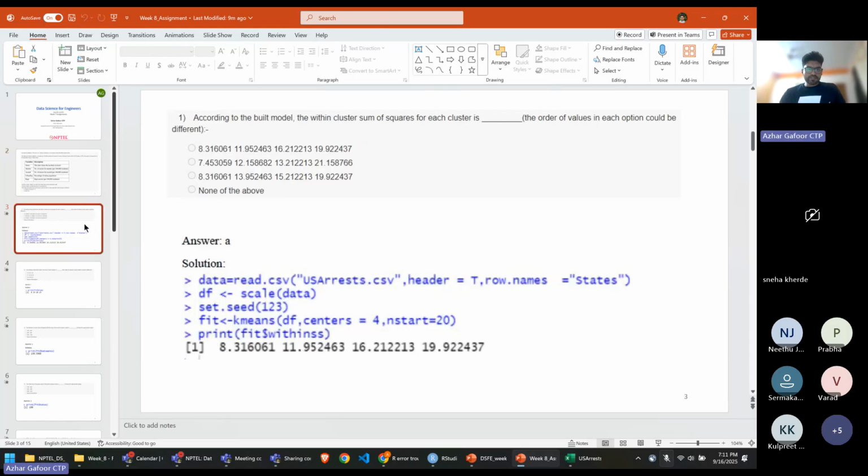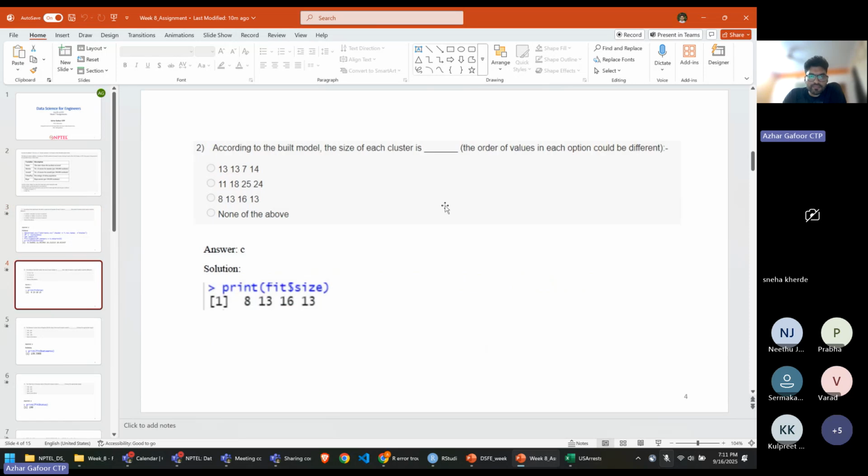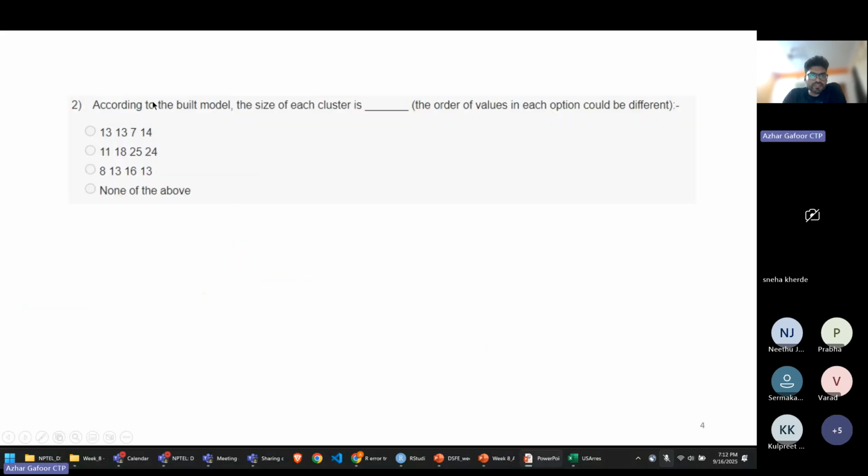So let's first look at the questions. The first question is, according to the built model, the within cluster sum of squares of each cluster. So that will automatically give the answer. So these are the steps that we need to follow for that. Then the second question is, according to the built model, the size of each cluster.